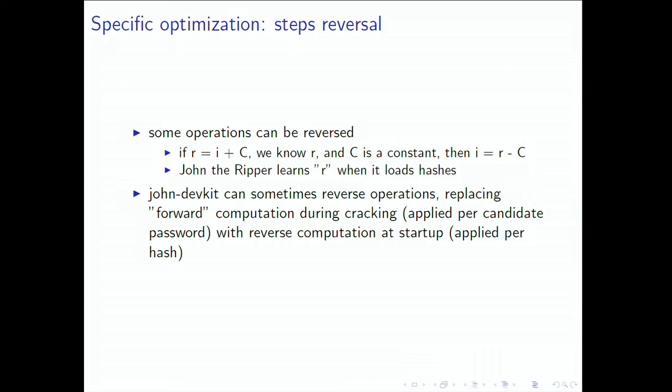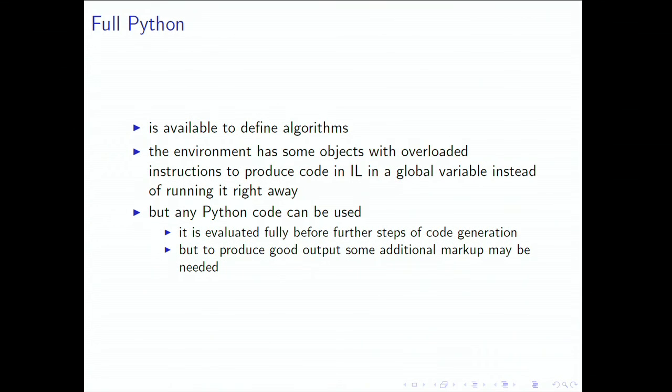It's once per hash, not once per candidate. There are not as many hashes as candidates. It's a benefit, but we need to move code to known places, so it should be a reverse code with other instructions, and John DevKit does that.